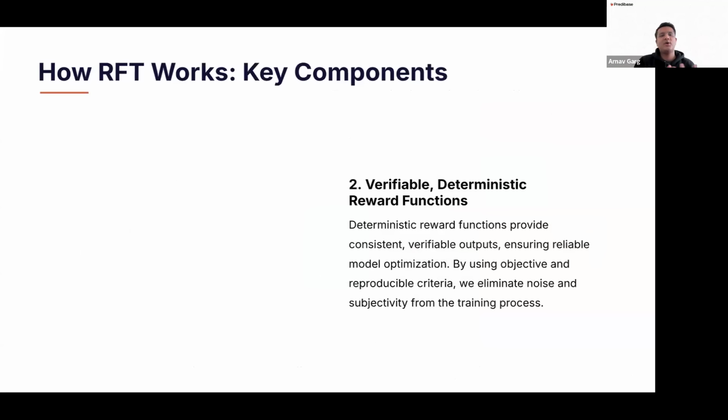The second part is, how do we now write verifiable deterministic reward functions? And a really good framework to think about reward functions is you want to do two things. DeepSeek also followed this formula, and it's very understandable why. The first is a formatting reward function, and the idea is that you want to do two things with it.